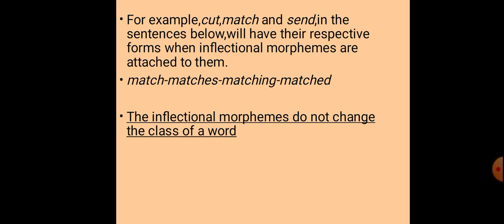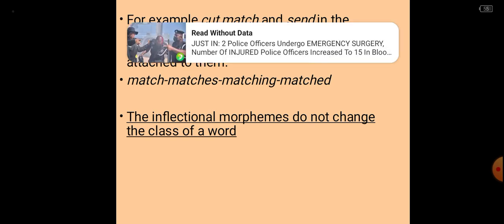For example, cut, match, and send in the sentence below will have their respective forms when inflectional morphemes are attached to them. Match, matches, matching, matched. The inflectional morphemes do not change the word class.